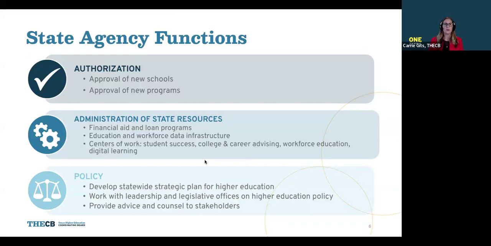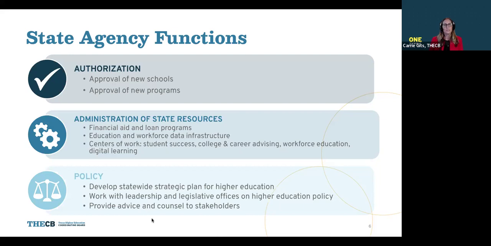We have some major core functions at the coordinating board, including the approval of new programs and schools. We also administer state resources like our financial aid program to students in Texas. We oversee statewide data in collaboration with the Texas Education Agency, the K-12 state agency, and the Texas Workforce Commission, which allows us a broad view of students from K through 20 and as they move into the workforce.